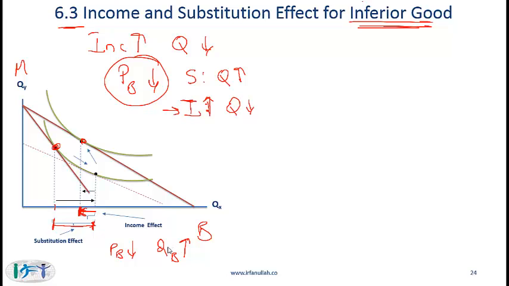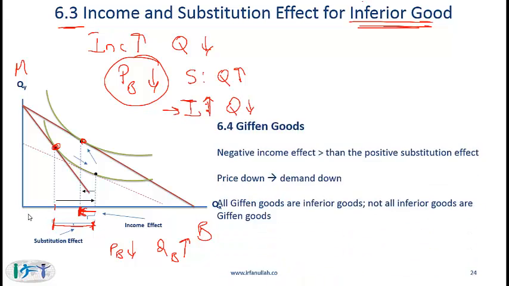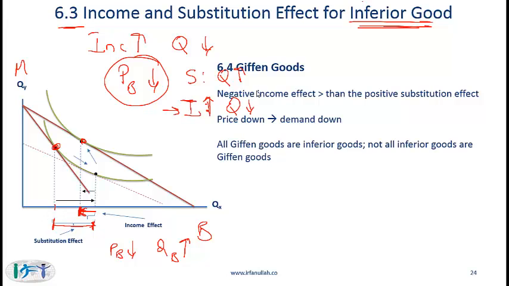Now there can be a situation where the income effect is larger than the substitution effect. If the income effect is larger than the substitution effect, then that particular good is called a Giffen good. And here I have explicitly written that the income effect is greater than the substitution effect.